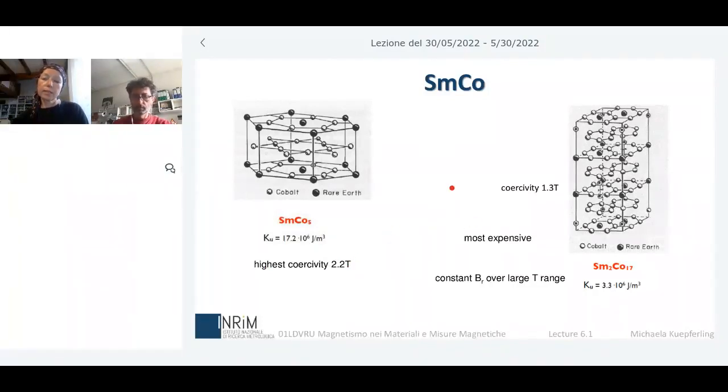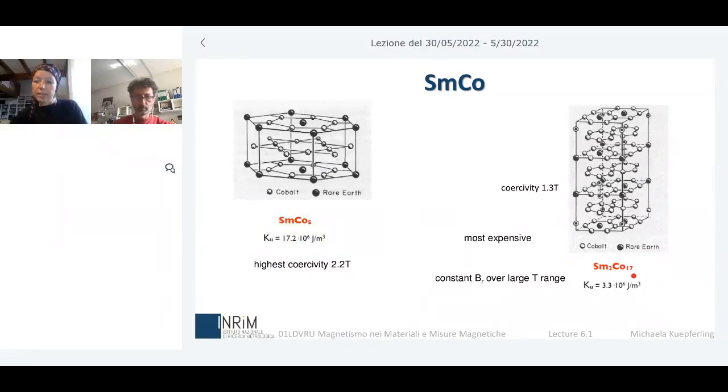The disadvantage of these samarium cobalt alloys is mainly that they are very, very expensive material because cobalt is very expensive. Cobalt is much more rare than any rare earth element, and therefore it's costly. But you can see here this really high uniaxial anisotropy of 17, 10 to the 6 Joule per cubic meter.